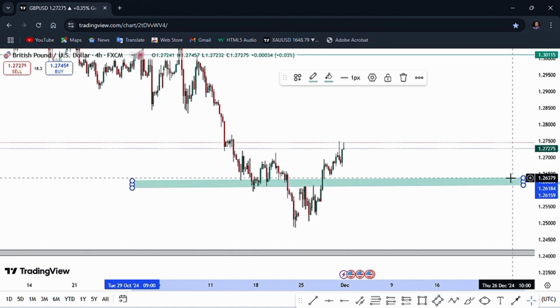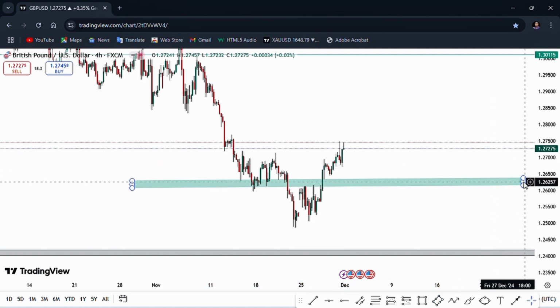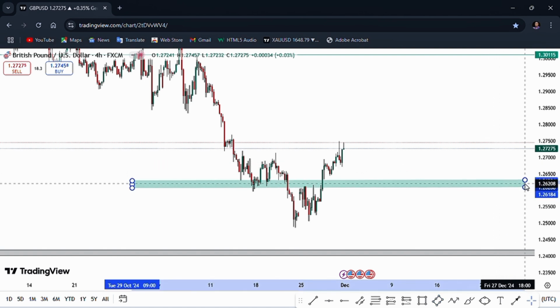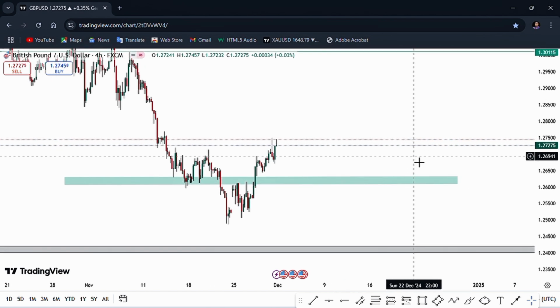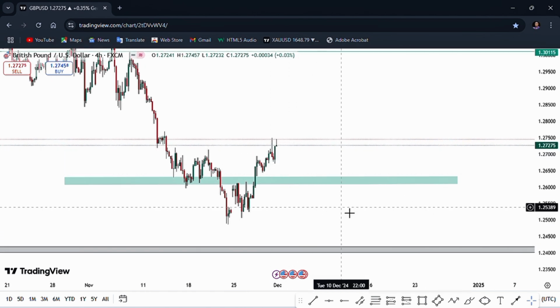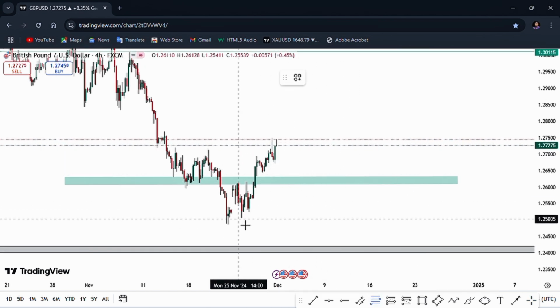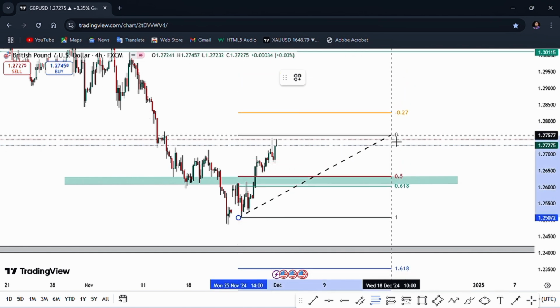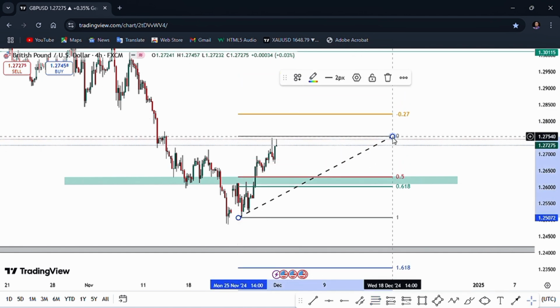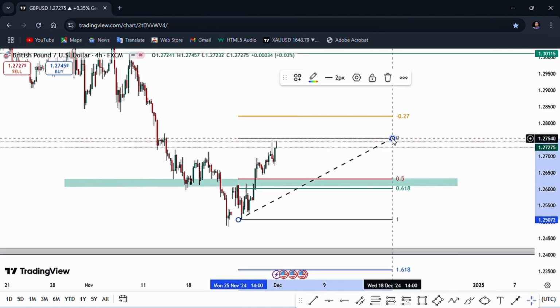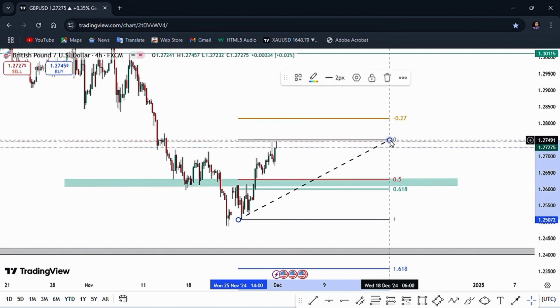Ideally, I will expect the market to come back into this zone, even if it wants to start taking off from here. Guys, I love trading with the Fibonacci. GBP/USD loves respecting Fib levels.